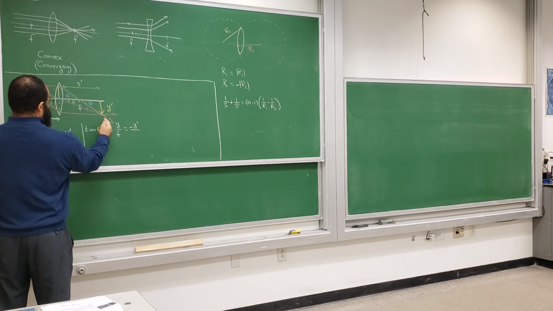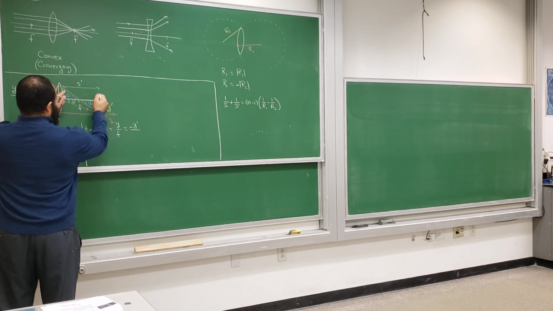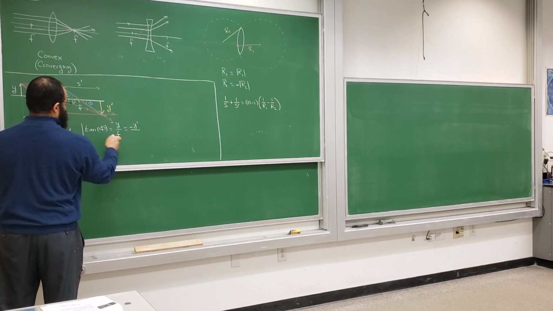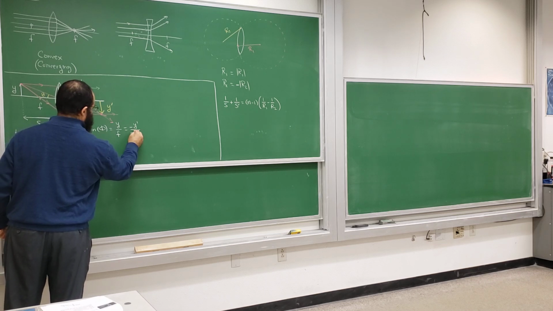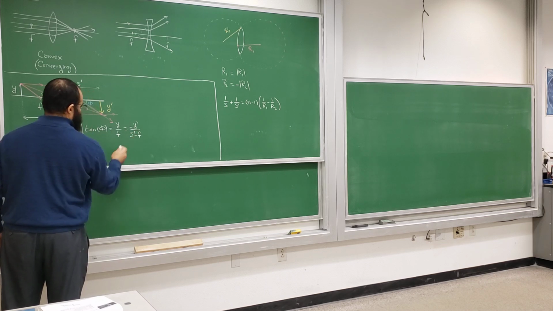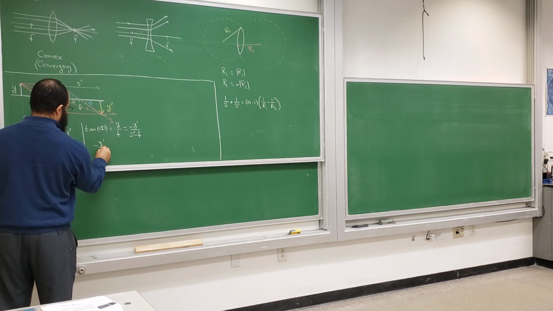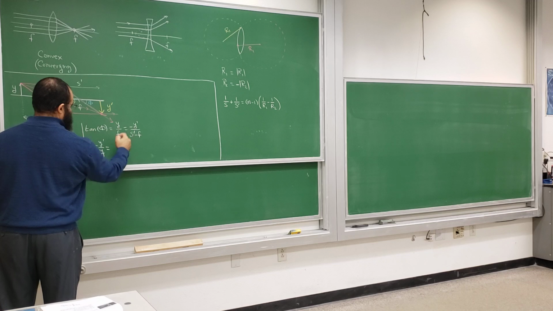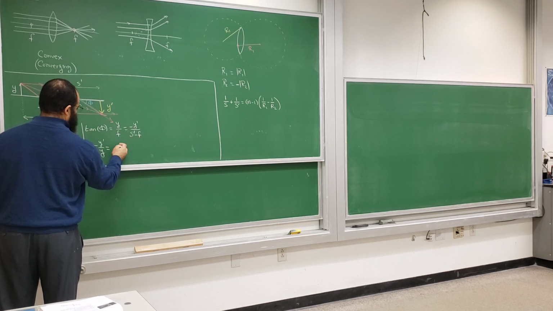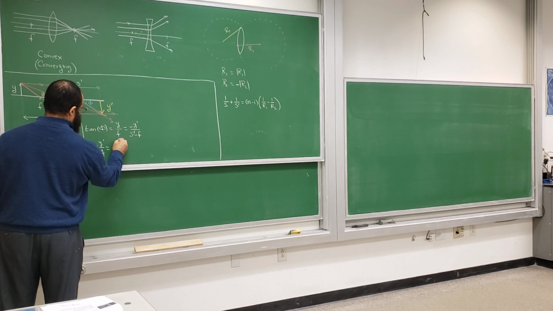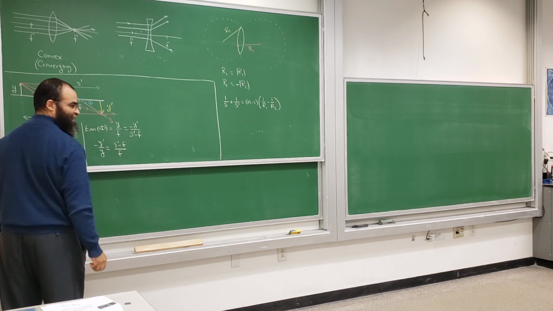This distance would be the whole thing, which is s prime, minus this much, which is f. Let's do the same thing. So here I have minus y prime over y, which will equal this over this, s prime minus f divided by f. Do we agree?